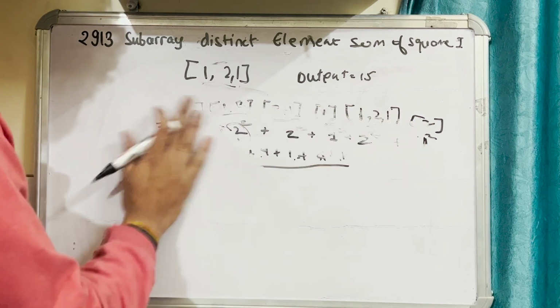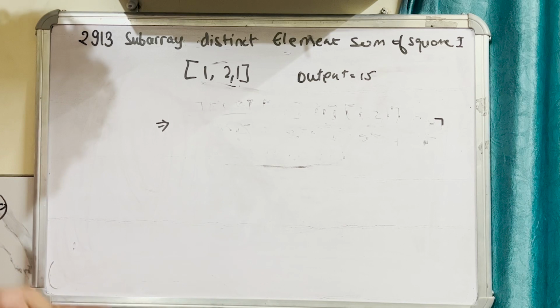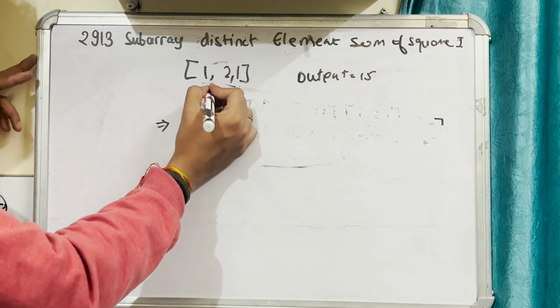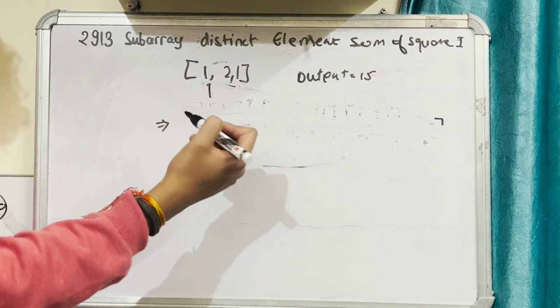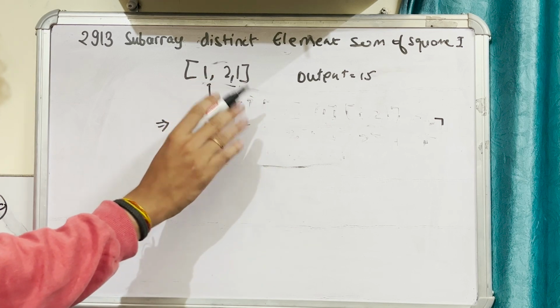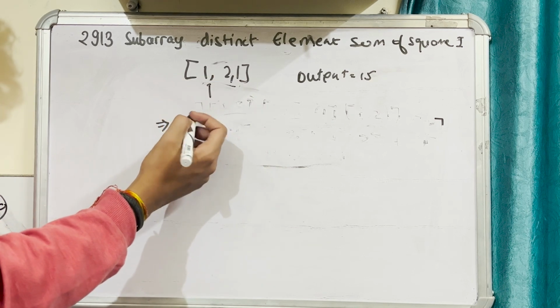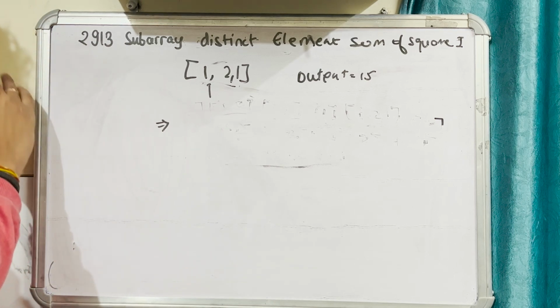So let me rub this. To get all possible subarrays of this, don't worry about distinct, just think how to get a subarray. What I thought first is you can simply use 3 loops.